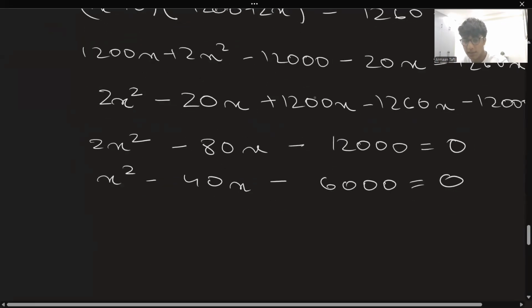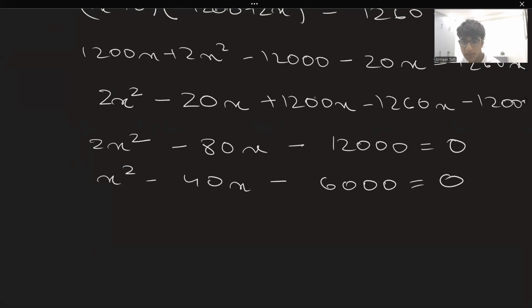Now again, same process. How will you express 6,000 as something to do with 40? Let's go through some possibilities. 6,000 is equal to 30 into 20, right? But we need a bigger value. 60 into 6 is also equal to what? 600 into 10, which is 60 into 100. And there we go, 60 into 100.